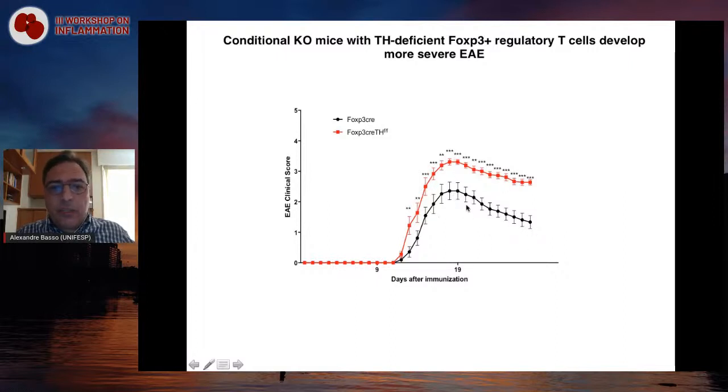So the regulatory T cells are very important for this partial remission phase that the animals display here, and we have to look better at what's going on here. We just looked at the generation of the adaptive immune response, as I just showed you, but we didn't look in detail at what's going on here in those animals.